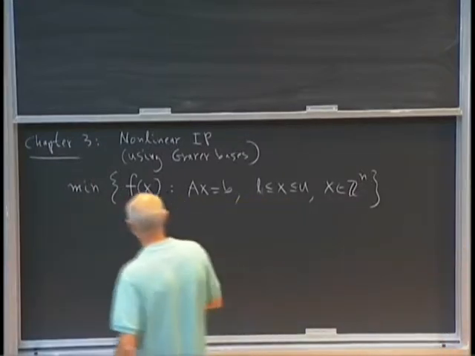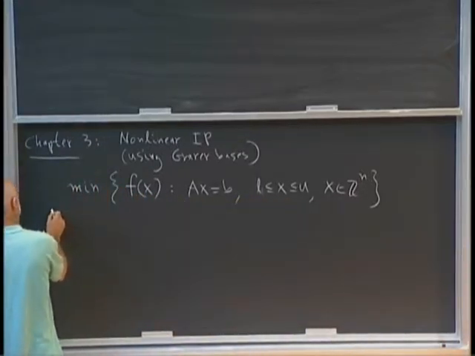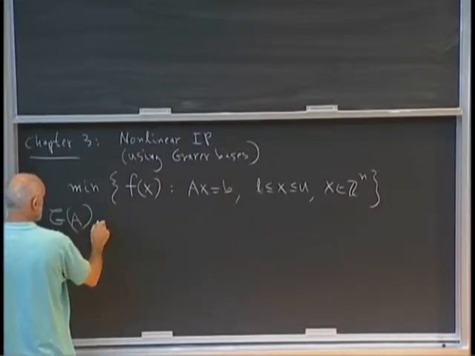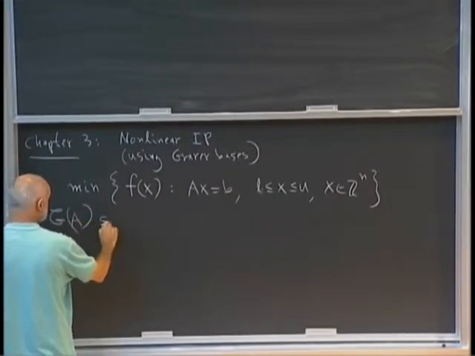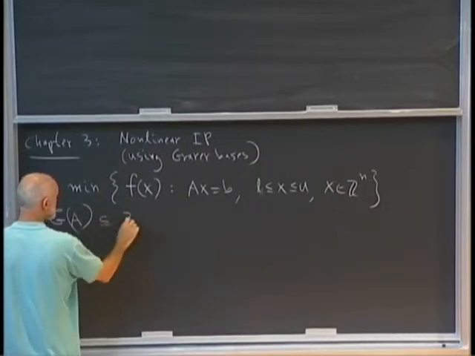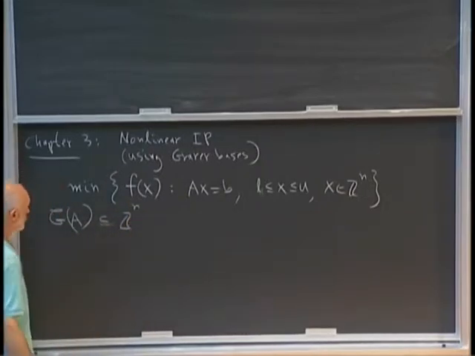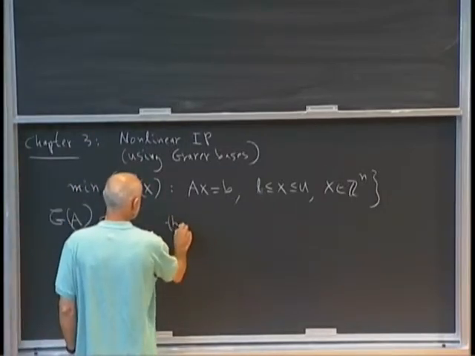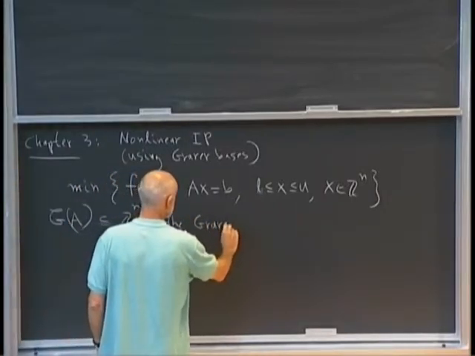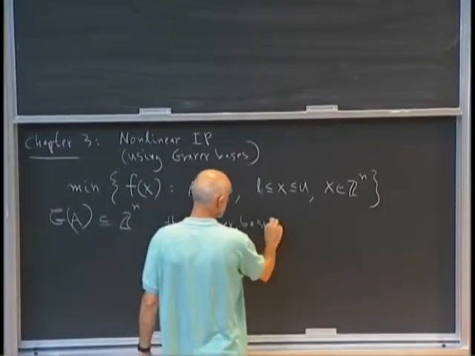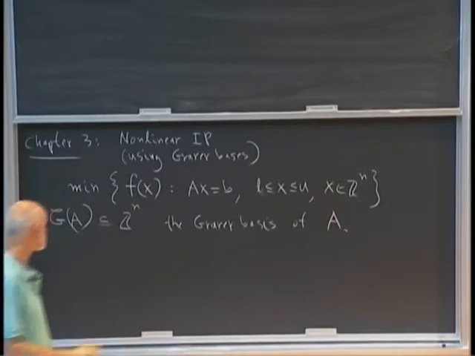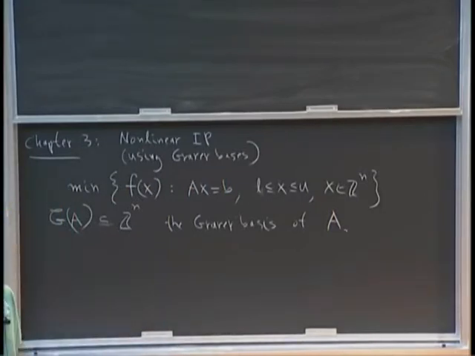And we defined a very important object, which we defined last time, was the Graver basis of the matrix. So this was a finite set of integer points in n dimensions, the Graver basis of the matrix A. Okay, so you remember the definition.